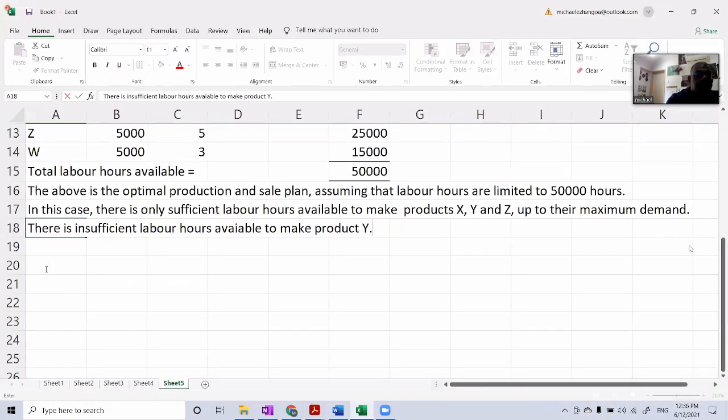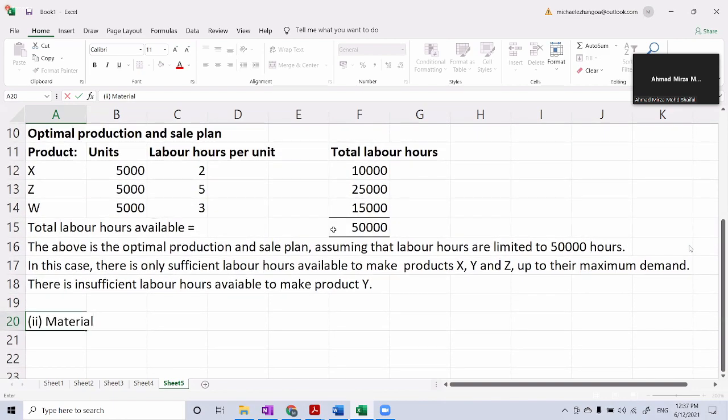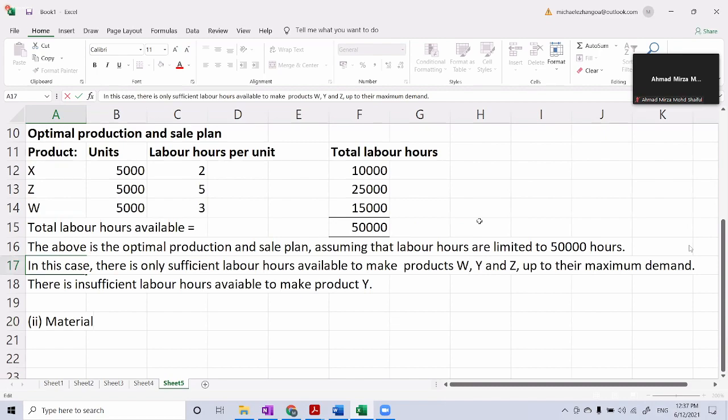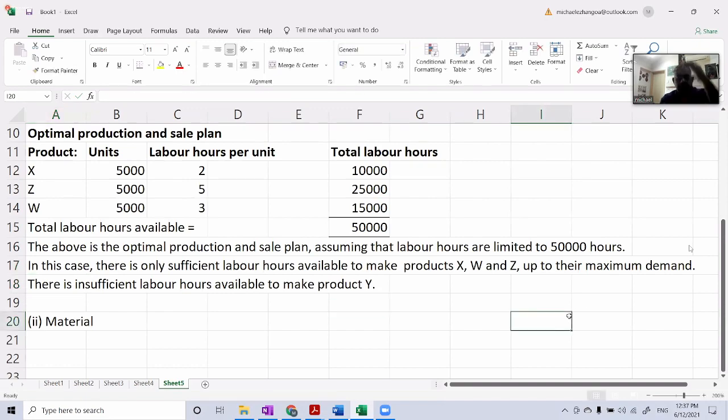Sorry, the explanation should say available to make product X, W, and Z, not Y. Yeah. Sorry, you're right.